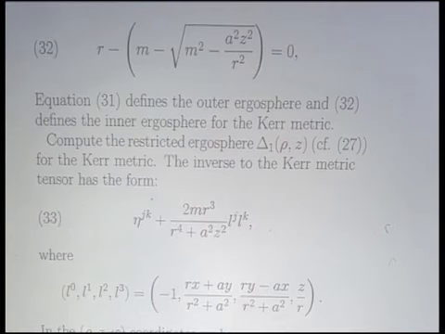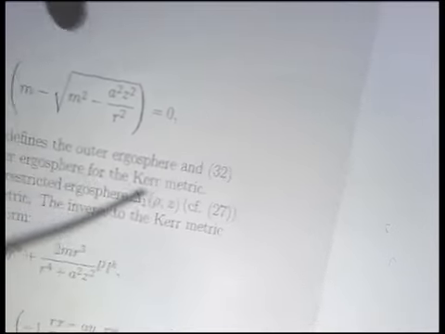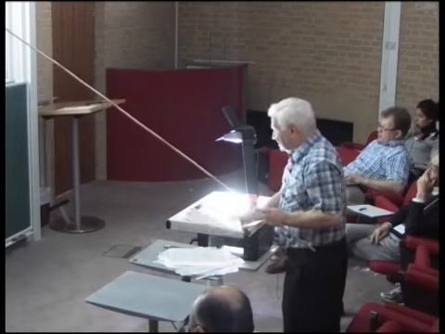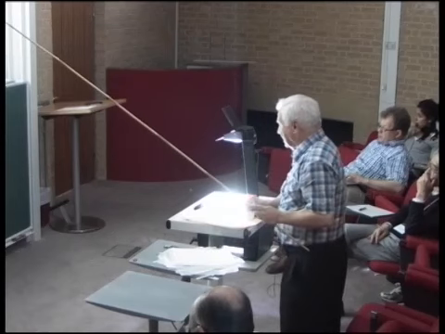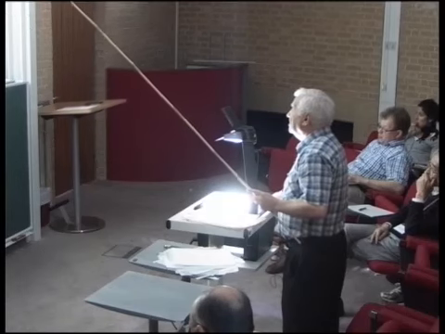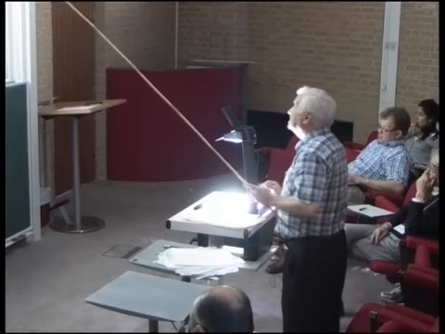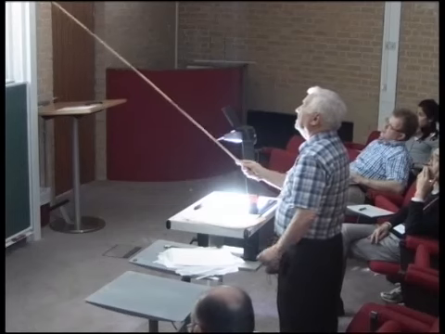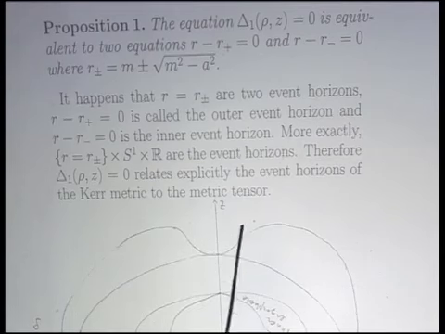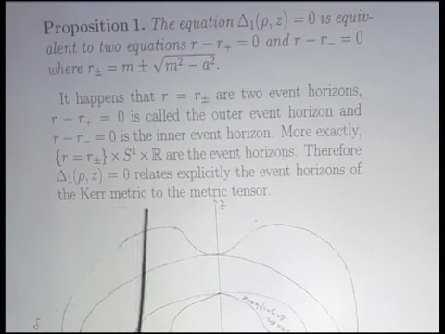So for this restricted ergosphere, there is a computation which I will skip, but the result is interesting: the ergosphere has equation r minus r plus equal to 0, r minus r minus equal to 0, where r plus minus is this expression.